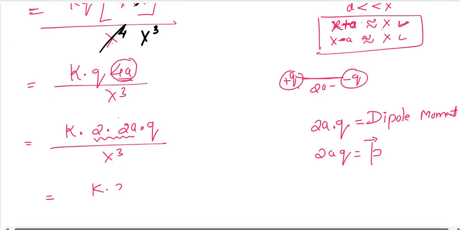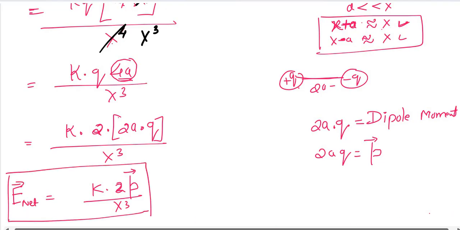So k into 2, this 2 I have written here, and what is this term becoming? See carefully, 2aq is nothing but P, a vector quantity, by x cube. So this is the net electric field due to a dipole.